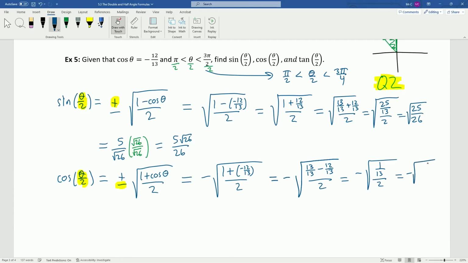That's negative the square root of 1 over 26, right? Because dividing by 2 is multiplying by 1/2. So this becomes negative 1 over root 26. And finally, we can rationalize, and we get negative root 26 over 26.